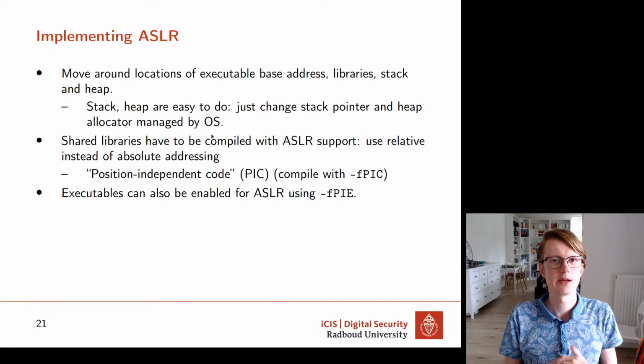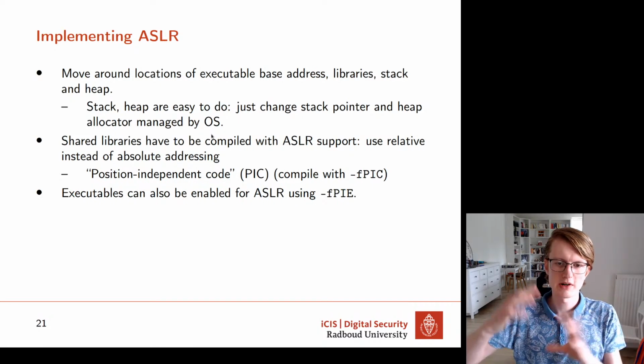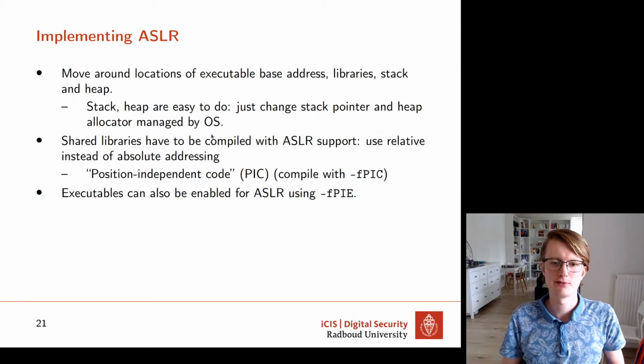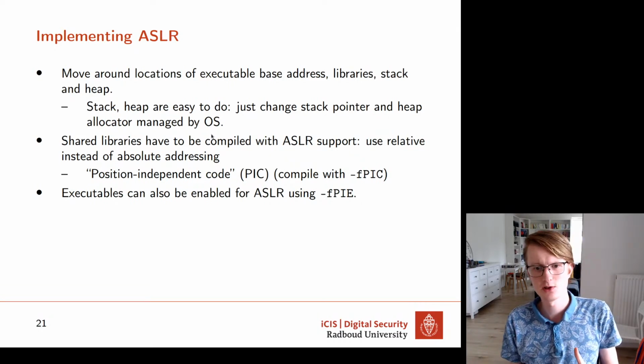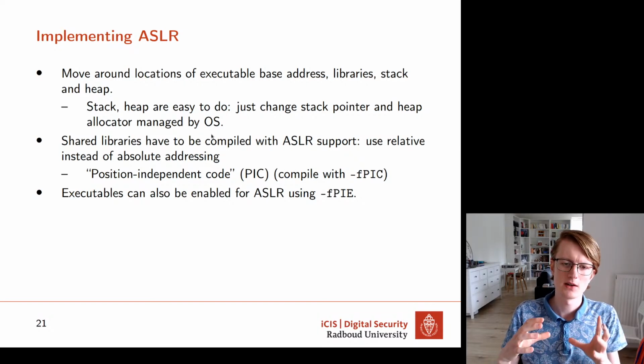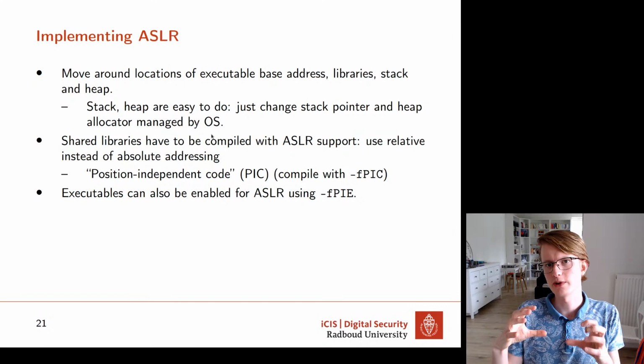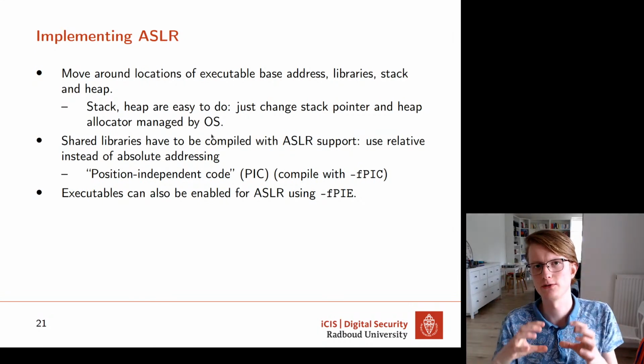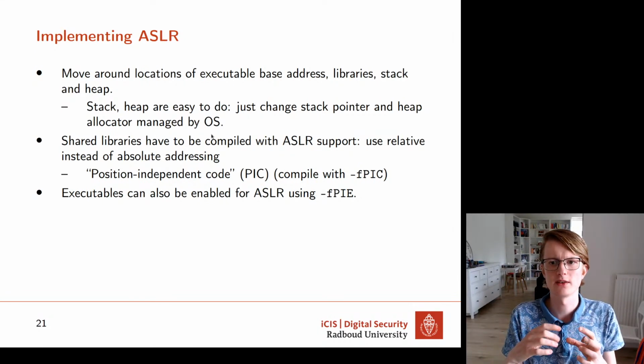Executables can also be enabled to be more randomized. That's -fPIE, position-independent executable. It enables the operating system to move around the start of the executable in memory, and then you'll see also that local functions start to move around.